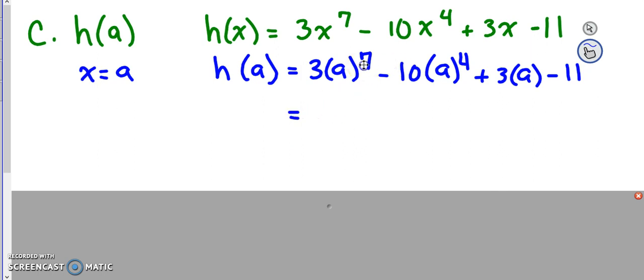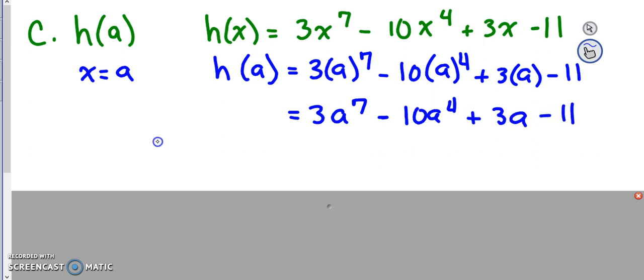So we'll keep, and remember the 7 does not go to the 3, it just goes to the x. So we have 3a to the 7th power. Well, 7 goes to the a. And so here we have 10a to the 4th, we have 3a, and then minus 11.